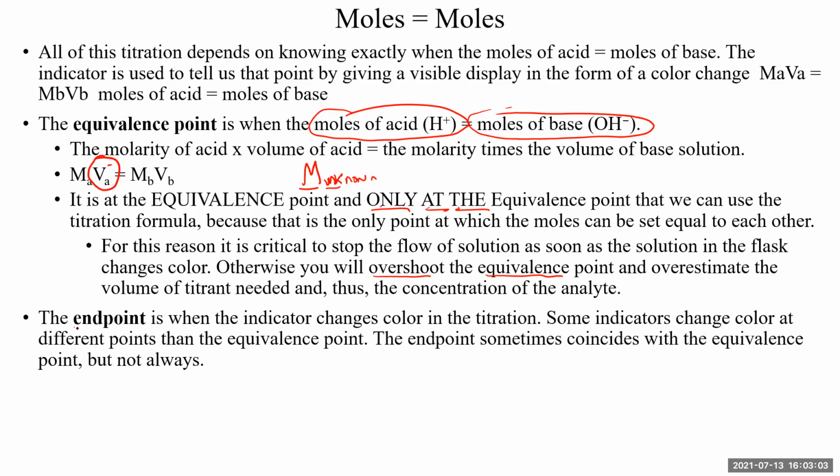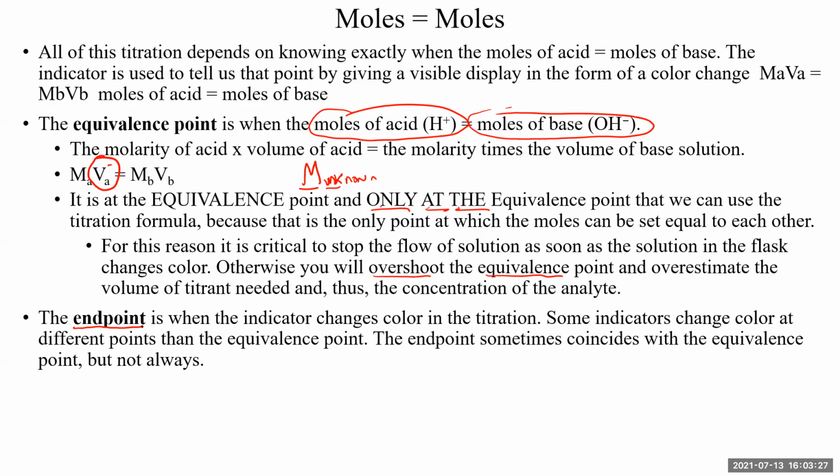The endpoint, as I mentioned, is the point at which your indicator changes color. Some indicators change color at different points than the equivalence point, so be aware of that. You really have to know what you're doing. Generally speaking, phenolphthalein changes color at neutrality, so it does coincide with the equivalence point, but others don't. Litmus, of course, has a whole bunch of different color ranges.